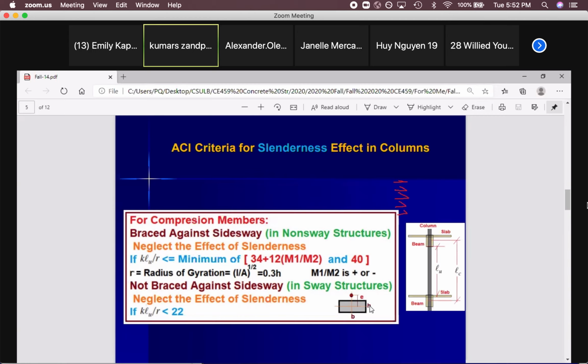That's it. And in the frame, if you don't know where the eccentricity is, just consider the column's center line. If this is the column in this frame, this is your center line, and your eccentricity is perpendicular to your edge.